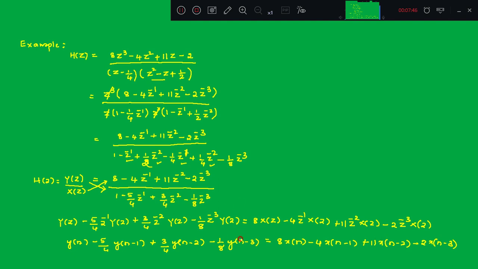I will write the expression for y of n by taking all other terms of LHS, we will shift it to the right side, right? So here y of n is equal to 8 x of n.